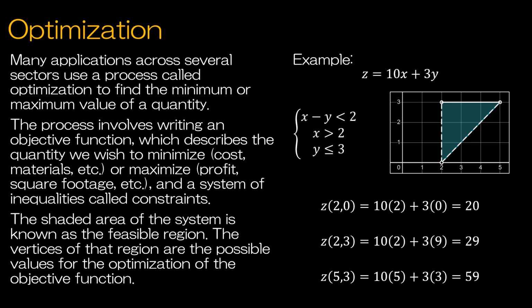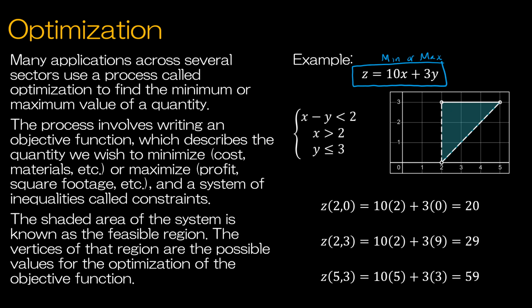So what we have in an optimization question is we're trying to minimize or maximize something called an objective function. So in this example, our objective function is z is equal to 10 times x plus 3 times y. So we're trying to find the min or the max value based on the endpoints of our feasible region.